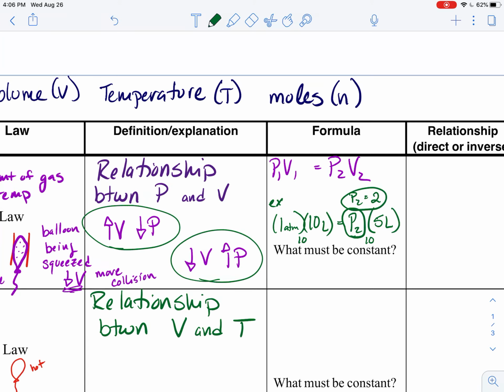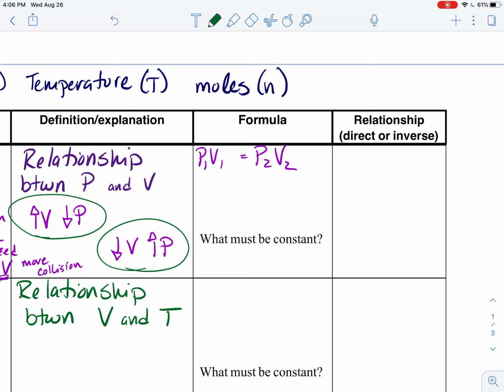And that pressure is higher than the pressure on the other side, which is what I would have predicted. So as volume decreased, the pressure increased. And so when we're talking about that mathematically, that's referred to as an inverse relationship.